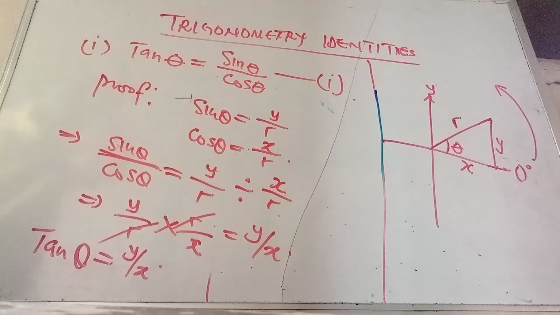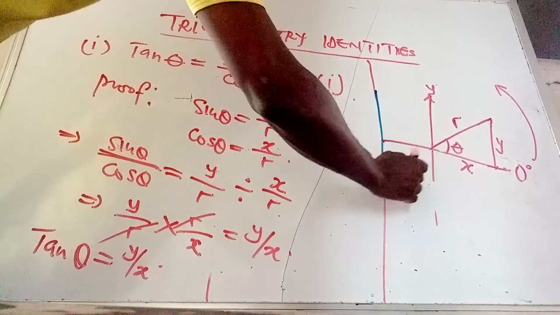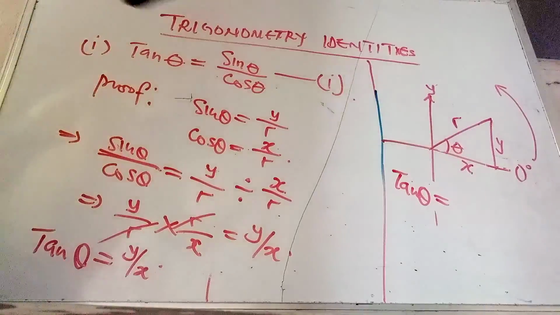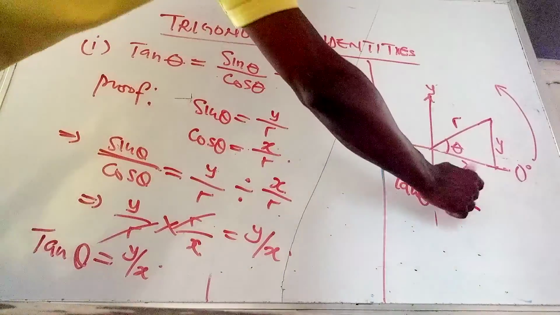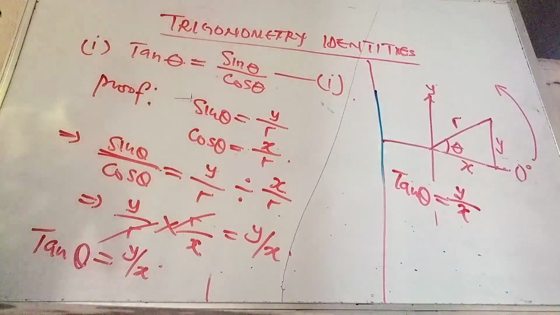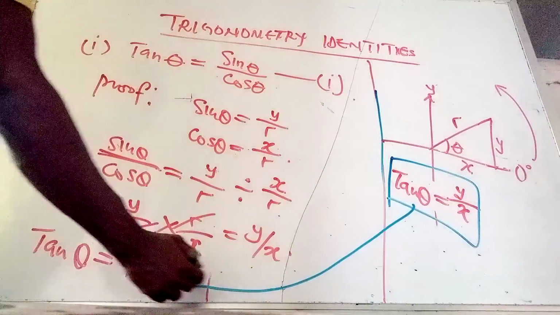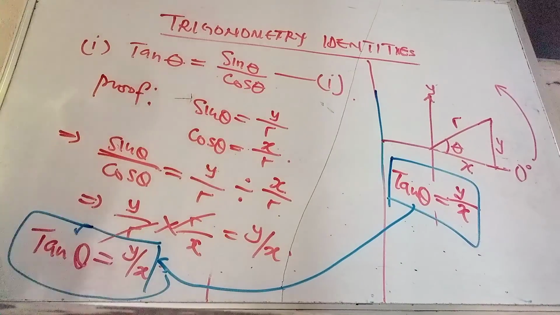And if we go and find out tan theta from the triangle, obviously, tan theta, which is what? Opposite over adjacent. What is opposite? Y. What's adjacent? X. So you can see that the result from here is the same as the result obtained here.